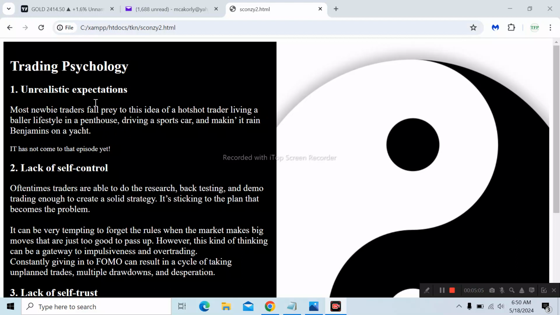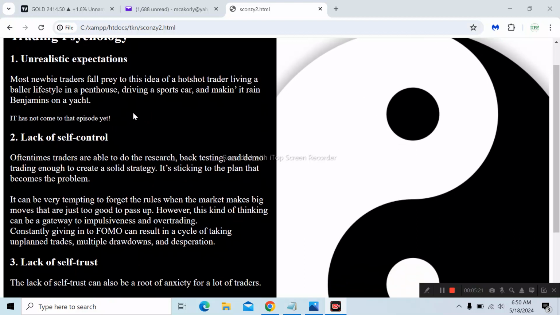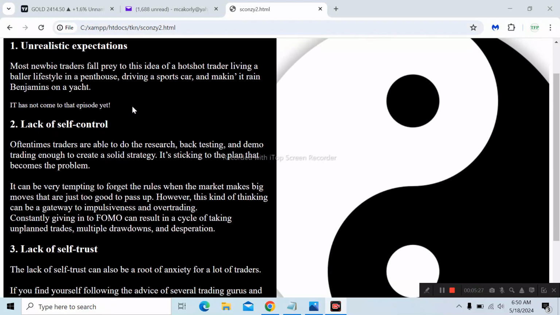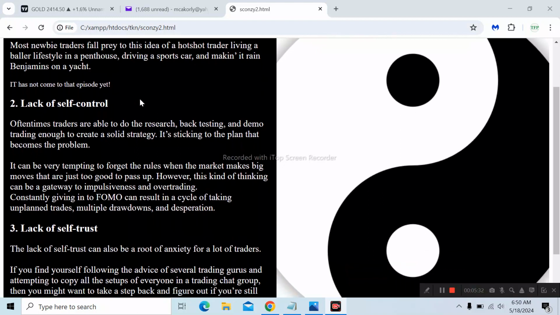What you want to do is learn how to trade, understand price first, and be profitable little by little, so you gain the experience to live the lifestyle that some pro traders live that you see. Now two, lack of self-control.